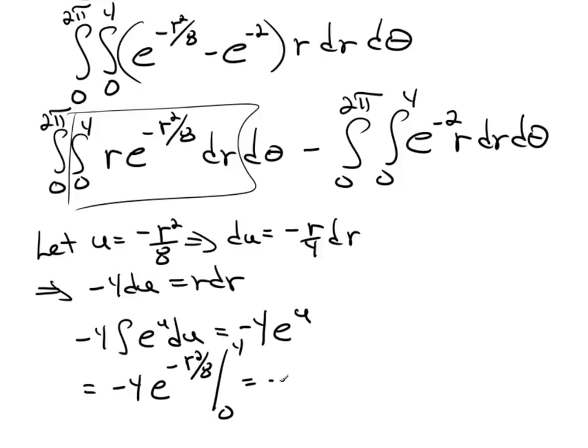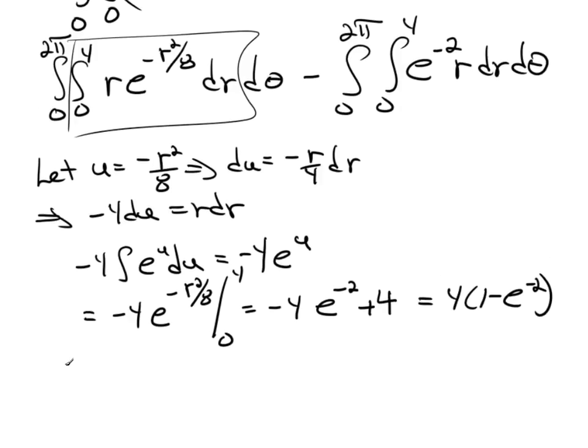That is negative 4 times e to the negative 4 squared is 16 over 8 is negative 2, minus a minus, so plus at 0, this is just 1. So I can't forget my negative 4. Well, the negative is already there. I just forgot to distribute the 4. So this is going to be 4 times 1 minus e to the negative 2.